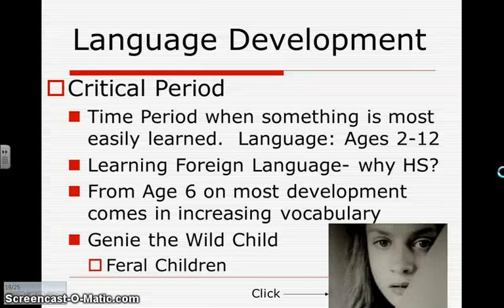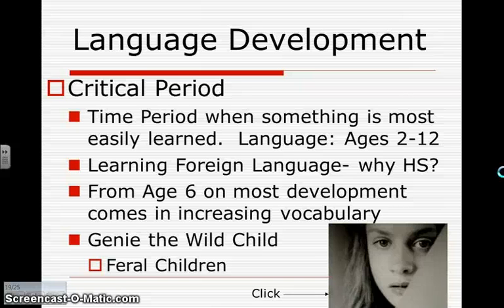She had been locked up by her parents in their house. Essentially, since she was a baby, she had been confined to one room. She was punished anytime she made noise. She had never been taught how to talk or anything of that nature.